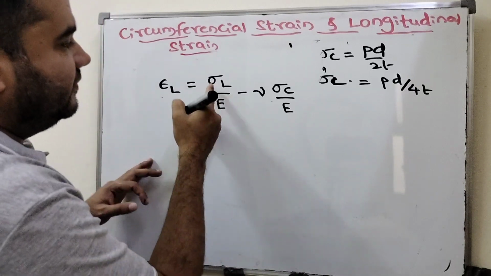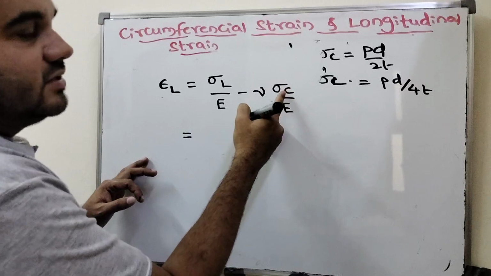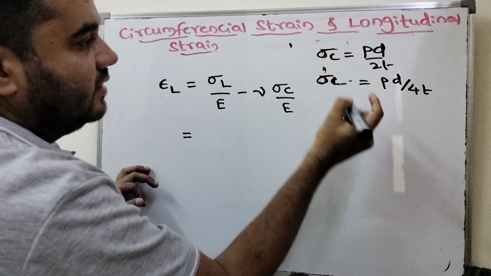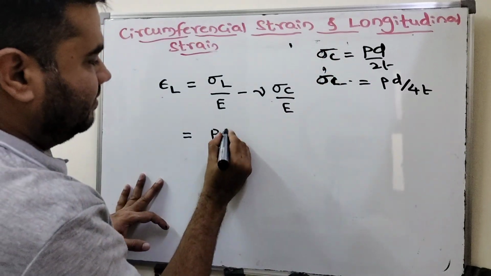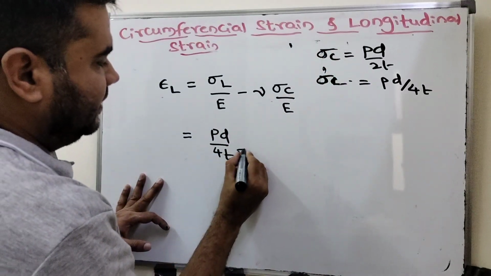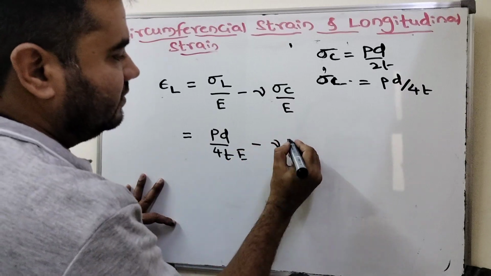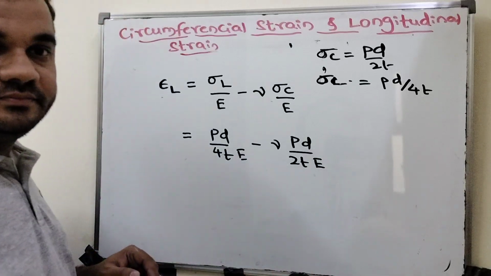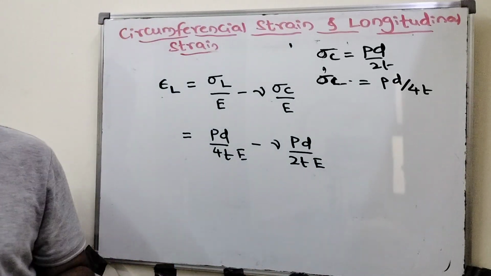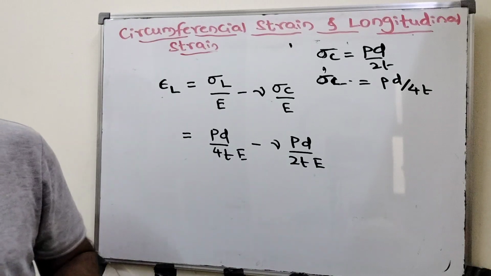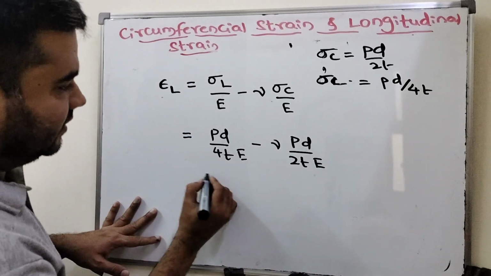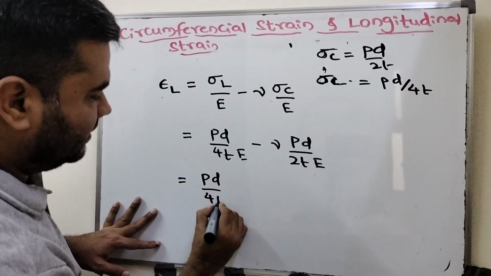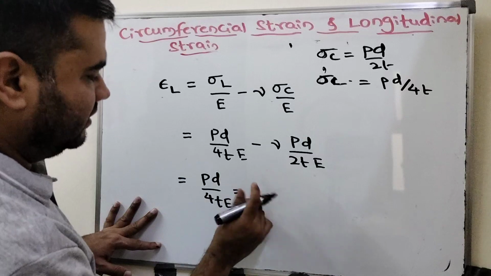Now substitute the values of the longitudinal stress and the circumferential stress. Longitudinal stress is how much here? That is PD by 4t. So PD by 4tE minus nu into PD by 2tE. Now take PD by 4tE outside.